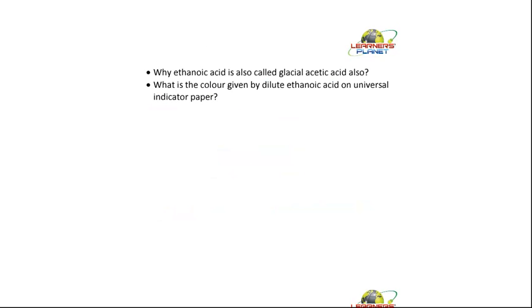Now let's take up our next question here. Why is ethanoic acid also called glacial acetic acid? Because what happens when it freezes? When ethanoic acid is cooled, what will happen? It sets up into ice.